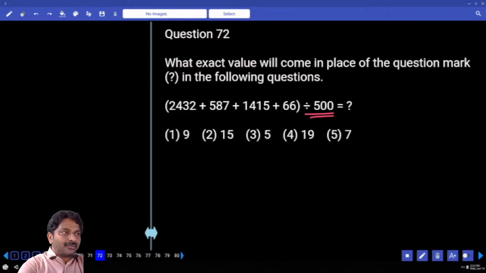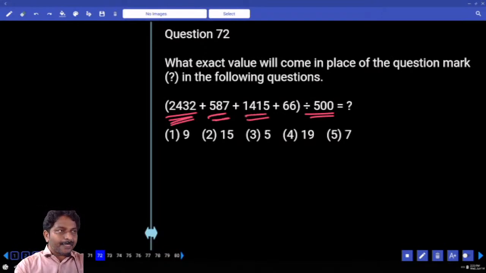In the denominator, what is there? Approximately let's calculate. I just need the range. How many 500s are there? Approximate. Here 5 already, one has come here.